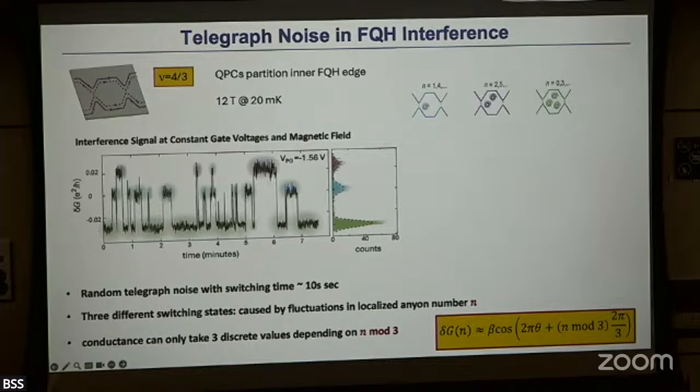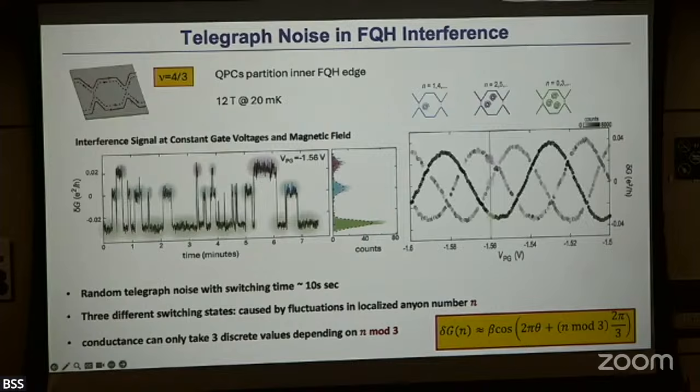What he saw is that as a function of gate voltage you have the 3 levels, and they keep changing. Each of these 3 levels shows really intertwined sine waves, and each sine wave is exactly 120 degrees away from the others.